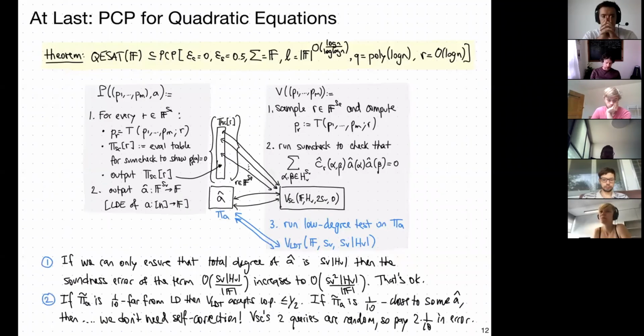The more important point is what happens if the low degree extension is far from low degree. Then we'll reject with high probability.